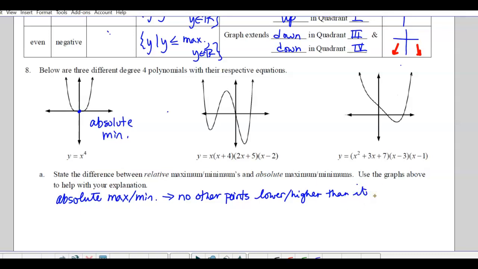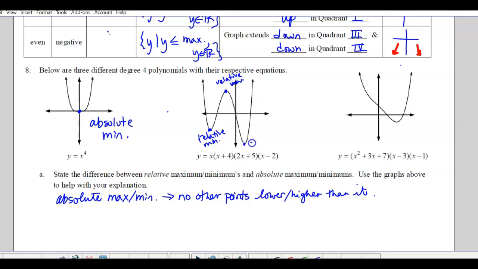anywhere on the graph. Whereas this point here is what we call a relative min. This is a relative max.